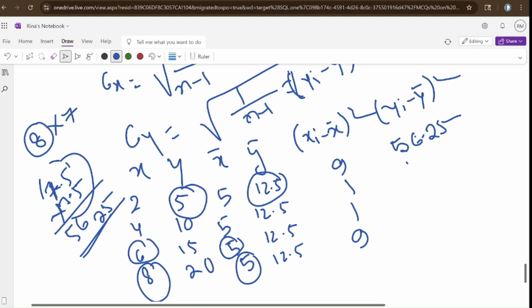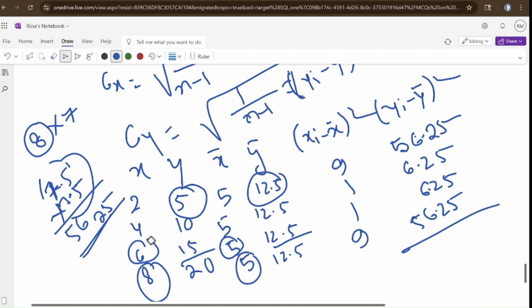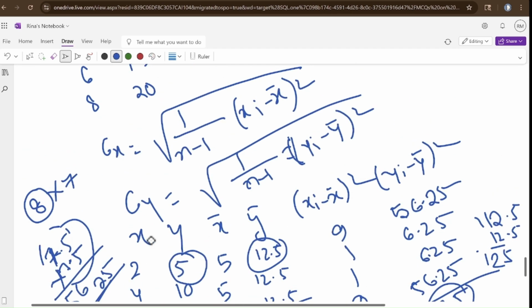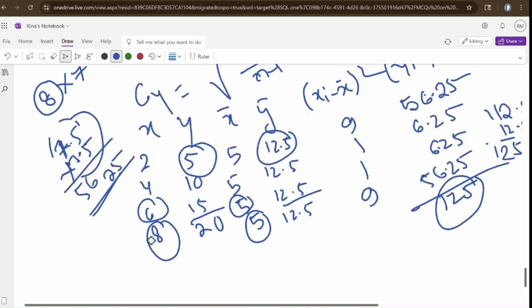For the next it is 6.25, then 6.25 again, and again 56.25. Now you have to add all those numbers: 56.25 plus 56.25 is 112.5. Now 6.25 and 6.25 is 12.50. So the total is 125. Now 125 divided by n minus 1.